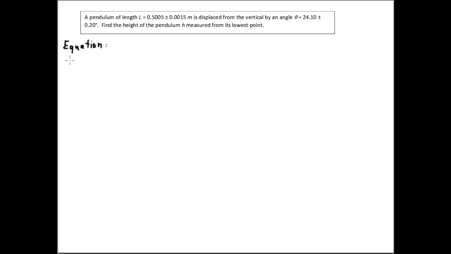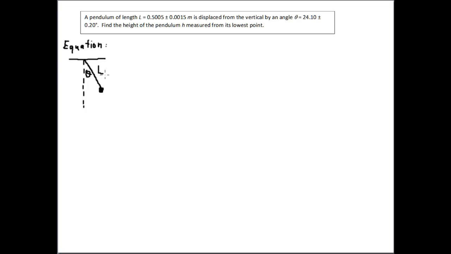So here I'll draw a simple sketch showing a simple pendulum on the end of a string like this, displaced from the vertical position, which would be its equilibrium position, by an angle theta.